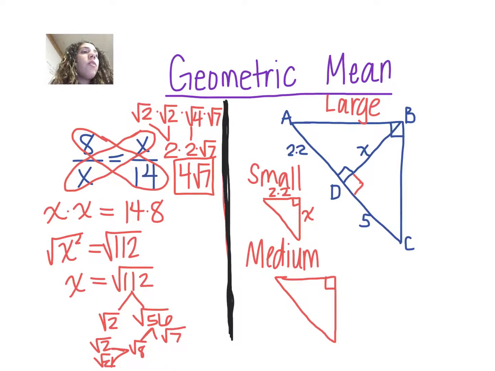We also have triangle BDC. So I want to redraw that so that it's matching up correctly. So this would be my X right here at the top, and then my side length of 5 would go right there.